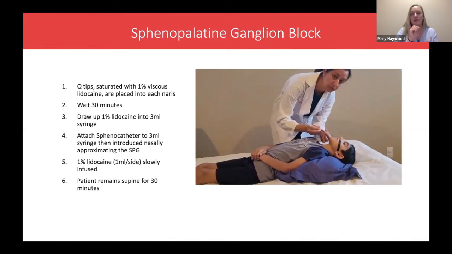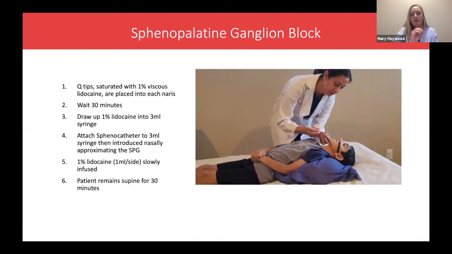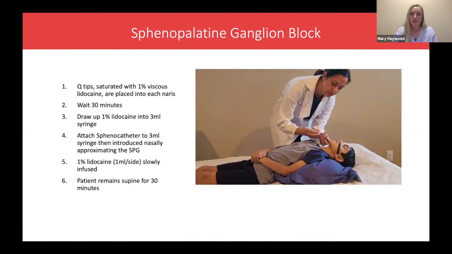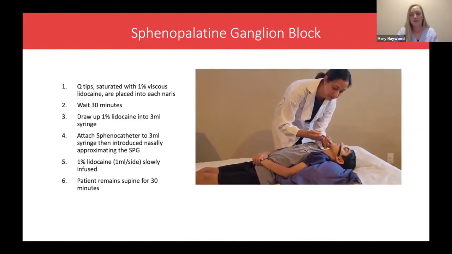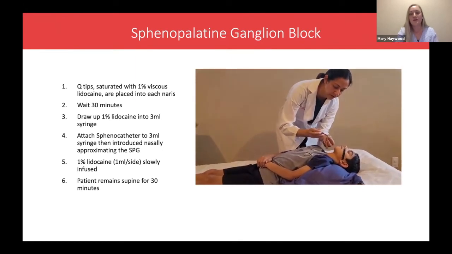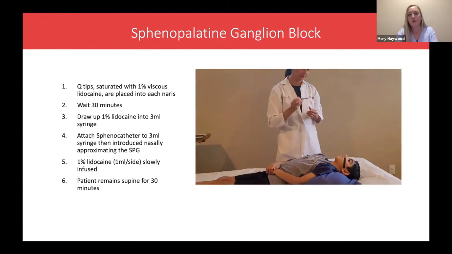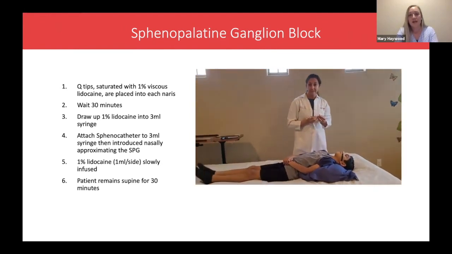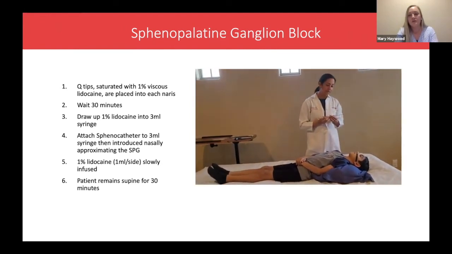And then once you are in the nostril, you insert the spheno catheter along the septum until you feel resistance, and then you pull the gray part of the catheter back, and slowly that extends the purple flexible tip down, and you slowly infuse the lidocaine and repeat on the other side.